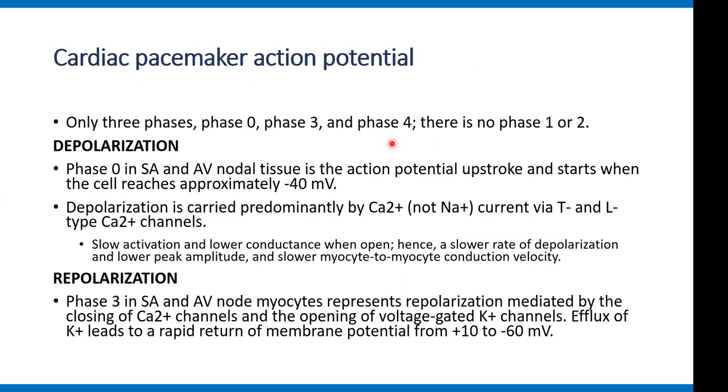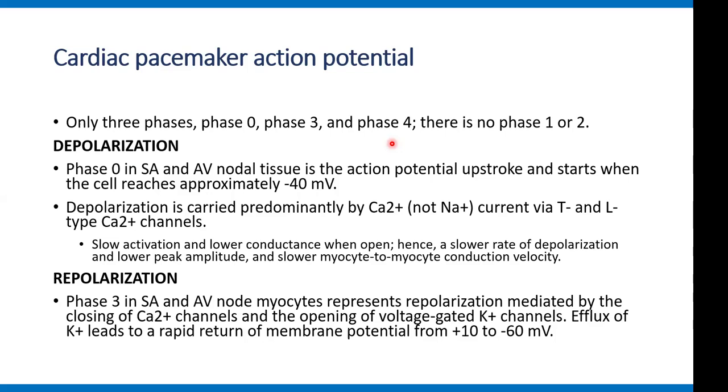But then the sinoatrial node, like I said, has 3 phases. It has phase 0, phase 3, and phase 4. It lacks phase 1 and phase 2. In phase 0, in the SA node and the AV node, there's an upstroke, and once it reaches -40, depolarization occurs.